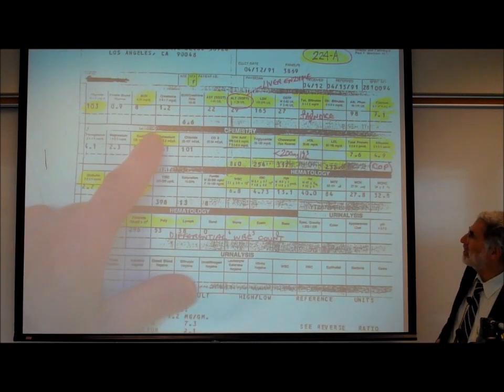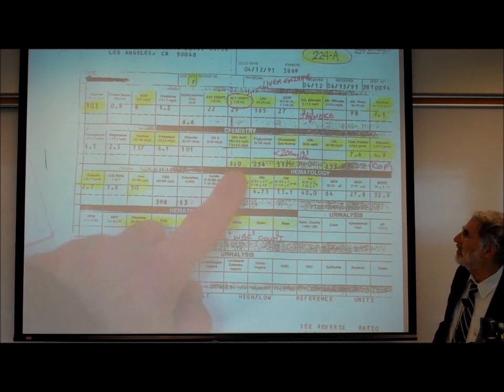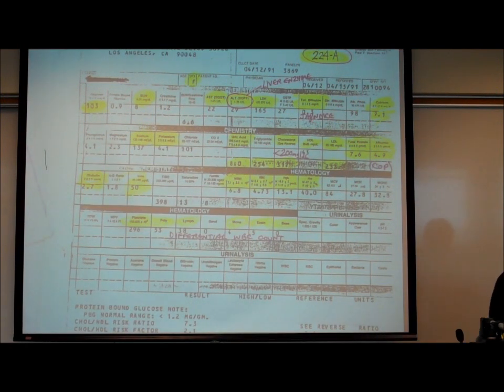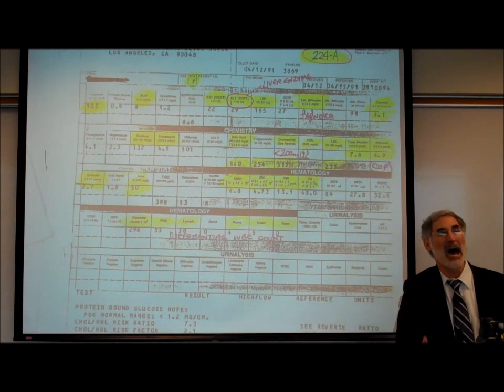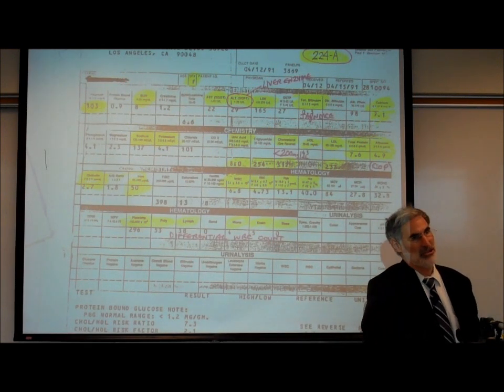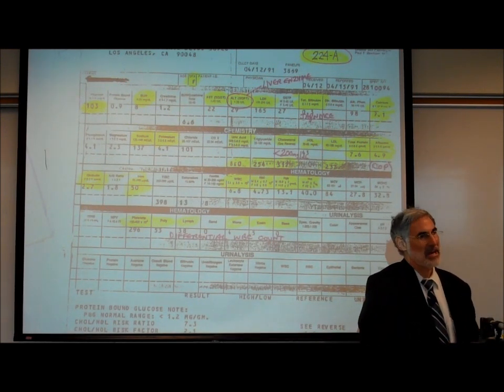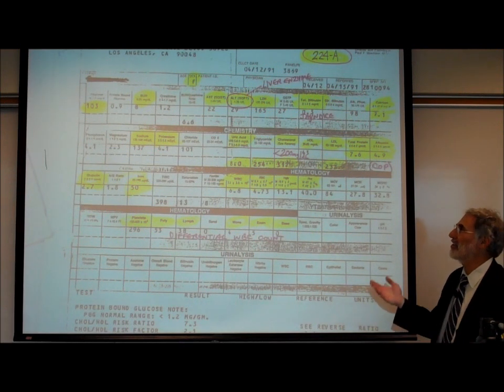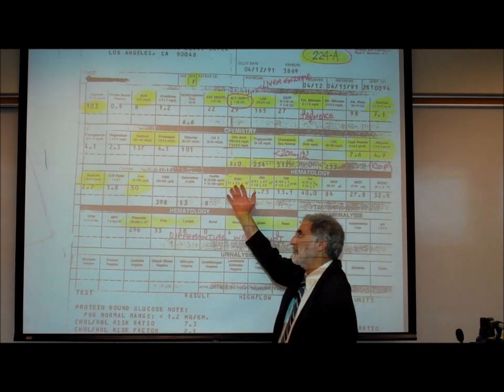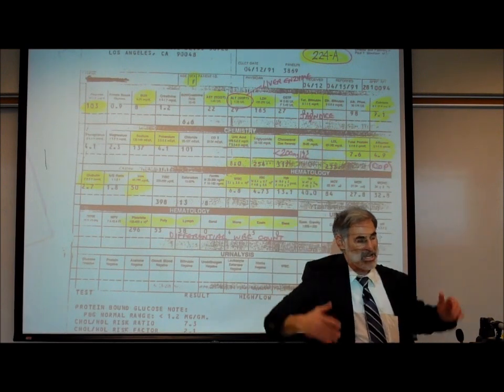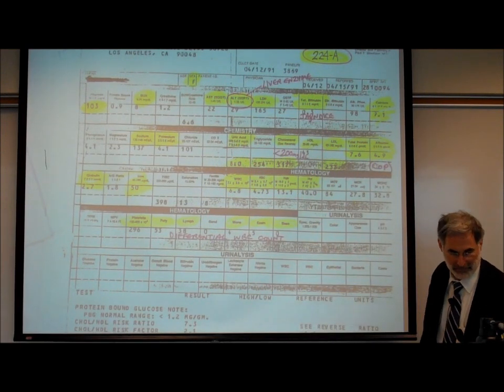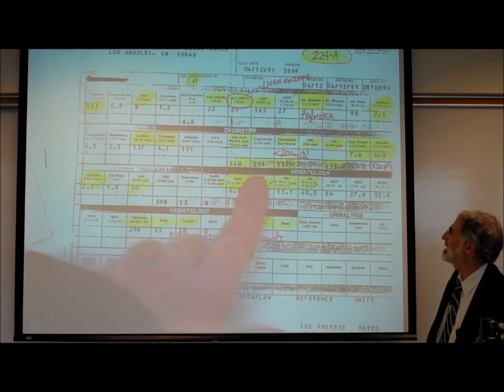Well, her urea and creatinine levels are normal, only her uric acid level is higher. What is the name of that disease where people have higher than normal uric acid levels? Gout or gouty arthritis. She's got gout. That's a metabolic disorder. But the only way she'd have kidney disease is if all the waste product levels were higher than normal. She's got gout. We'll come back to that.